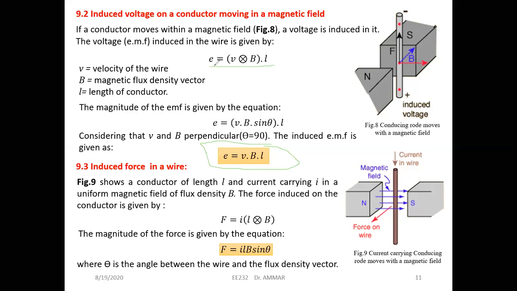In this case, the induced EMF is equal to the cross product of V, the velocity of the conductor, and B, the flux density, times L. So we can find the first expression in AC machines, and the second expression in DC machines.